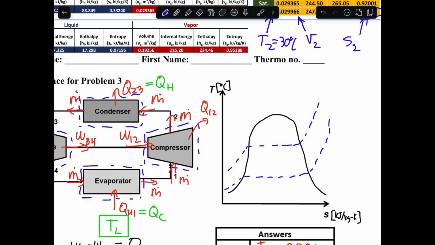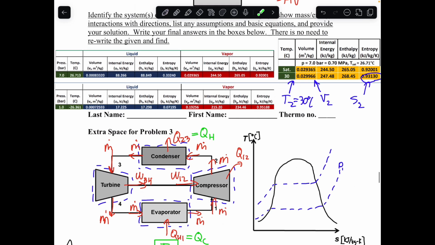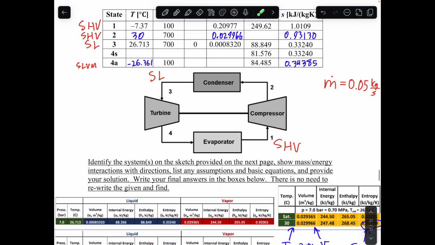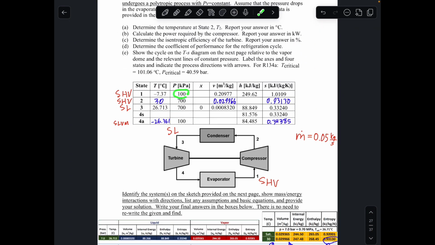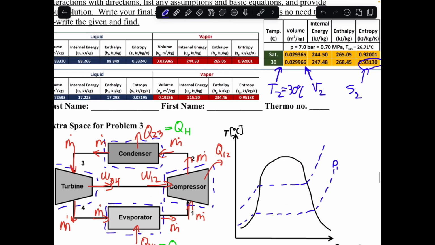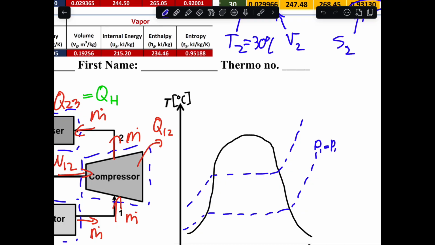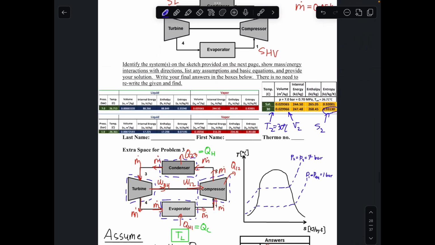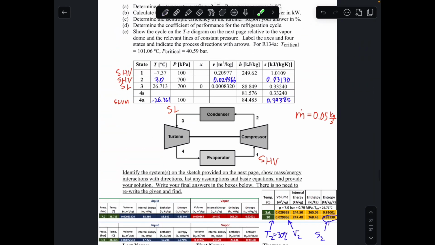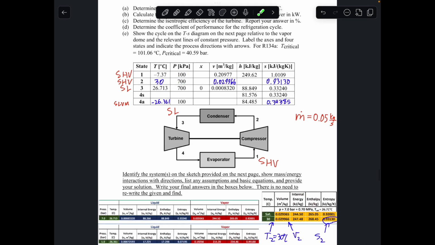So the lower one is going to be the lower pressure, which is the pressure at state 1 and state 4A, and that is 1 bar. So P1 equals P4A, which equals 1 bar. And then the one above will be P2 equals P3, which equals 7 bar, because this is the pressure that we have for state 2 and state 3, as we see here.